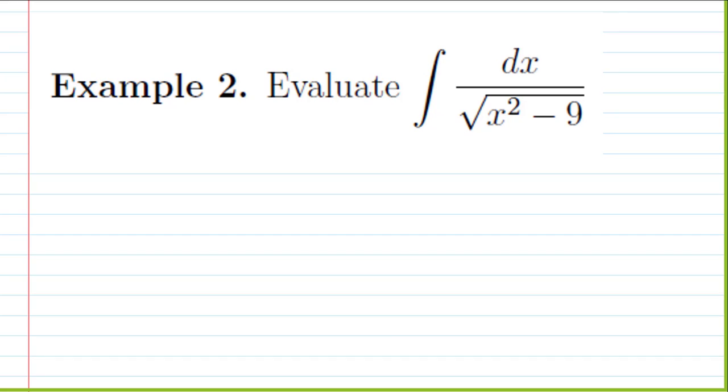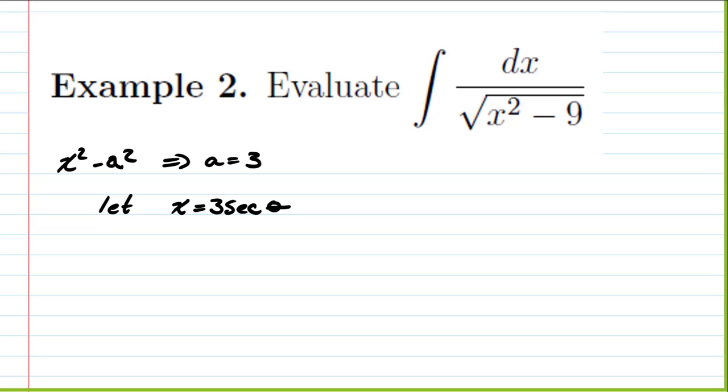What is our a value going to be? We have x squared minus a squared, and we have x squared minus 9. So this implies our a value is going to be 3, because 3 squared is 9. So then we're going to let x equal 3 times the secant of theta.